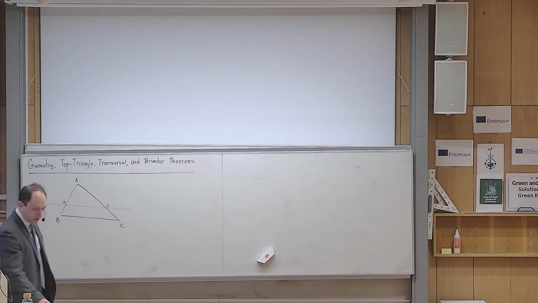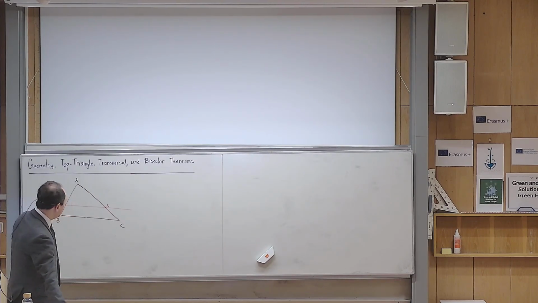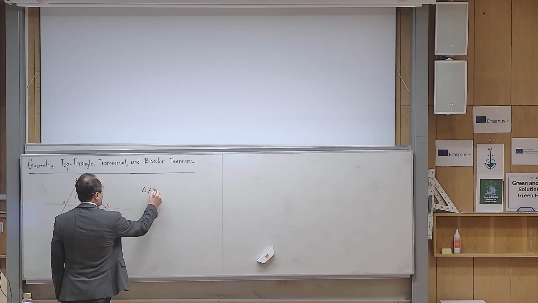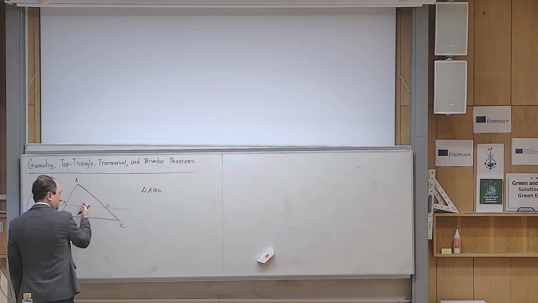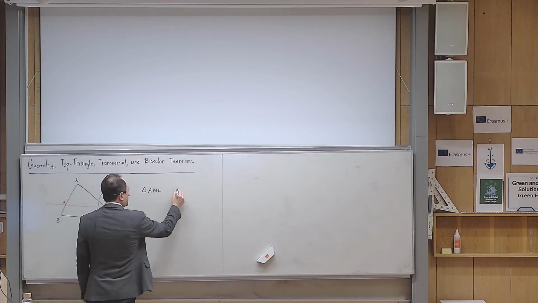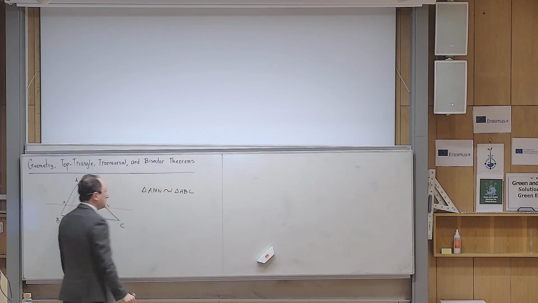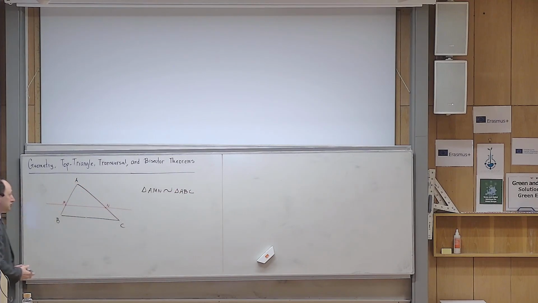So here the claim of this theorem is to say that triangle AMN, which is called the top triangle, and the original triangle ABC are similar. This is the symbol that we used for similarity, if you remember. That's the claim.